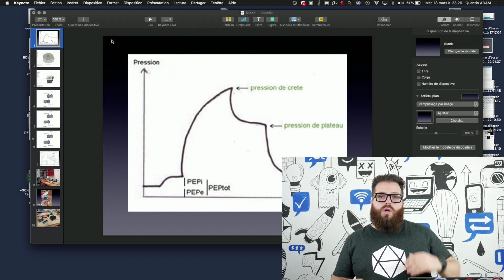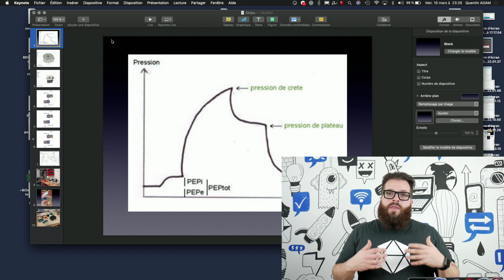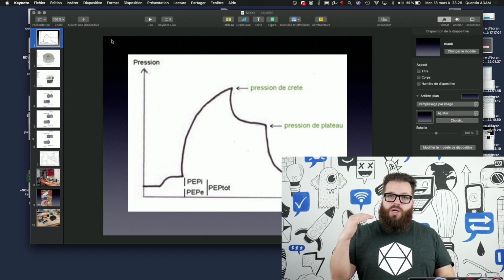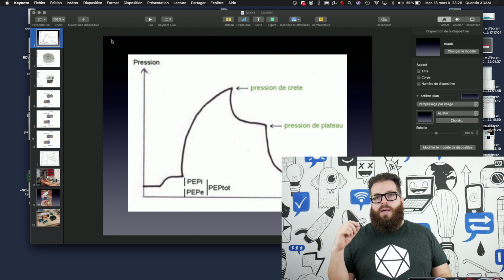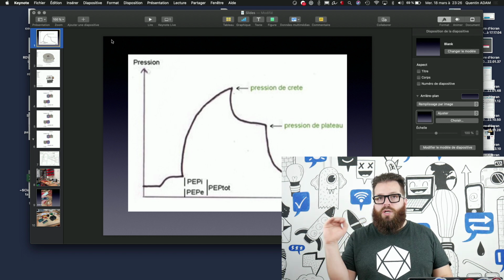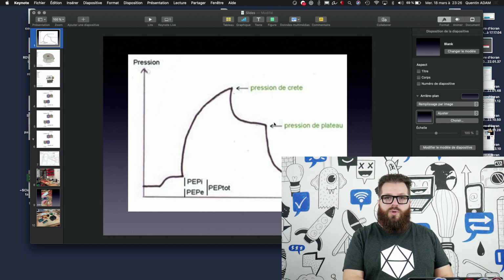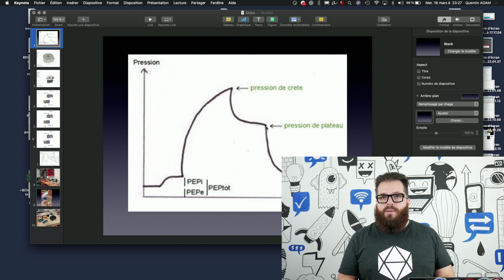So you inspire, and then you have the stable pressure of what's in the lung. It's important that the plateau pressure does not exceed 30 millimeters of mercury, because otherwise it will break the patient's lung.